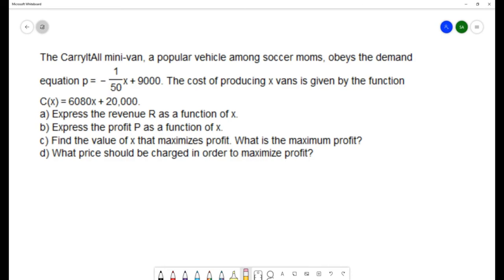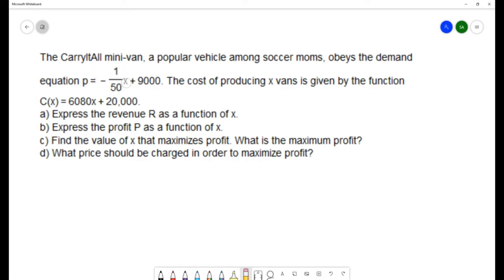So we have a lot to cover in this problem. The first thing that I want to do is make sure that we understand this demand equation that we were given and the variables within that equation. So the variables in this equation are P. P stands for price. This is a lowercase p.